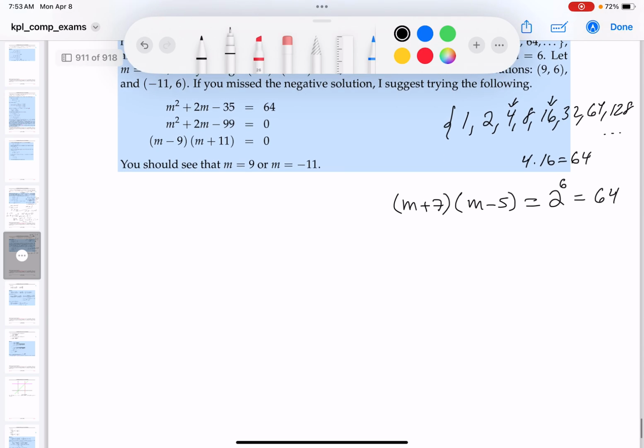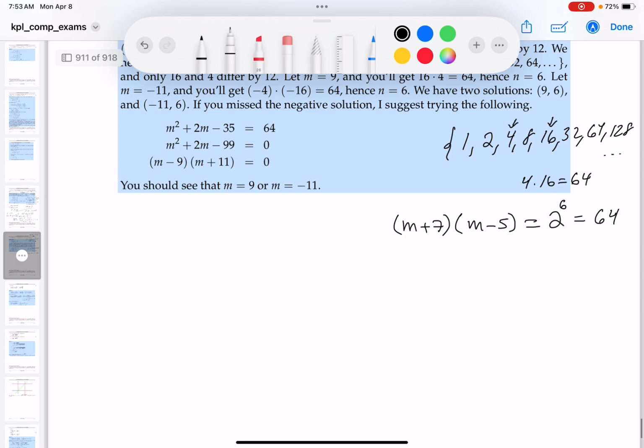Now I got a quadratic to solve. Now it might be obvious. You might say, oh, it's just 4 and 16. And I can figure that out. But I want to go through it with you. So that's going to be m squared plus 2m minus 35 equals 64. m squared plus 2m minus 99.